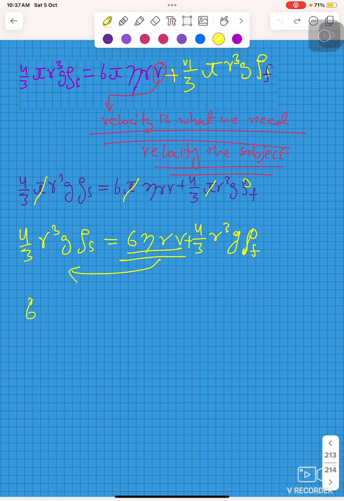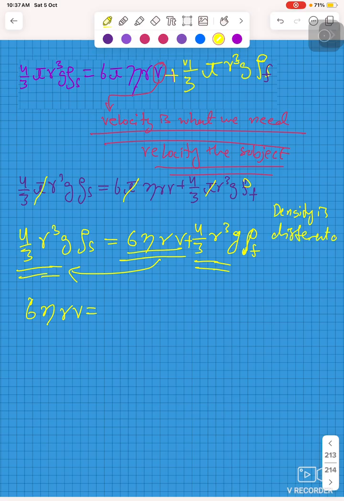When I move this whole thing to this side, I should get 6 pi r v equal. Now take these as common, these and these, but we cannot take the density of both as common, because the density is different for both. Density is different for both.